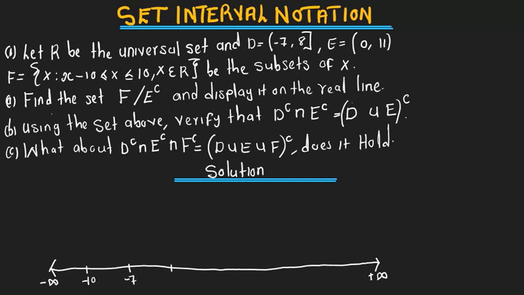What else? We know that we have 0. We know that we have 8. What else do we know? We know that we have 10 here. And then we know that we have 11 here. Okay, so we now see how we can solve these questions.